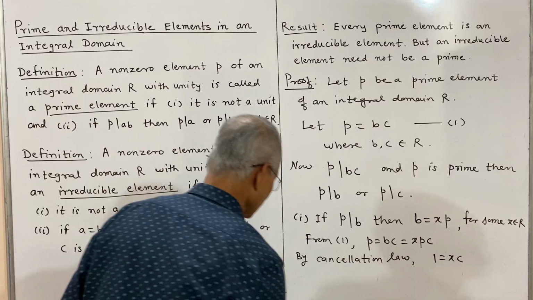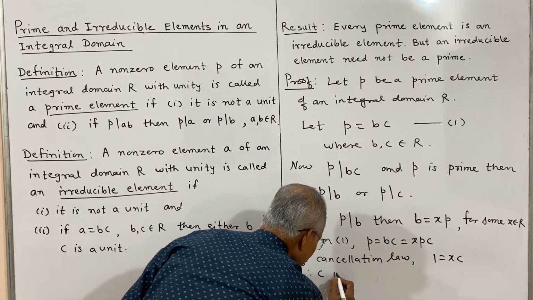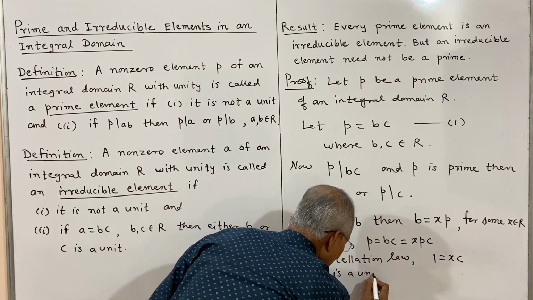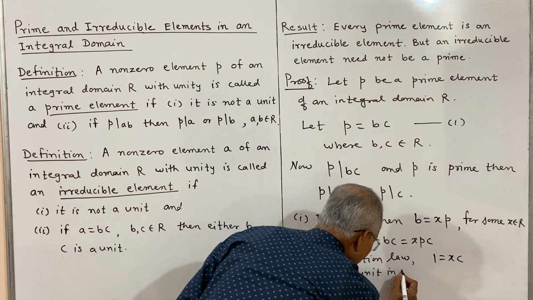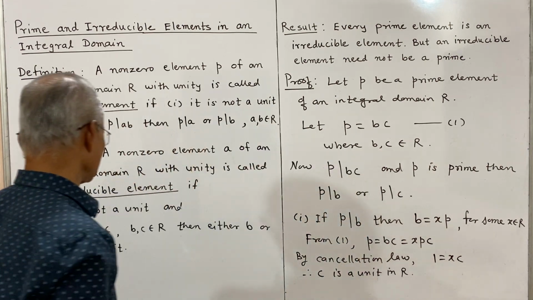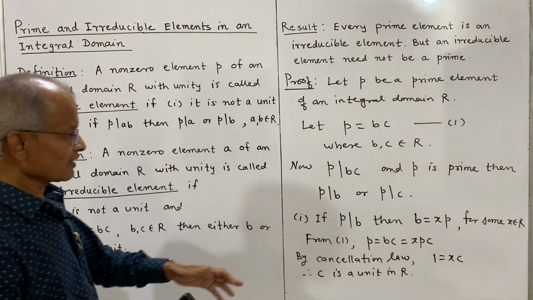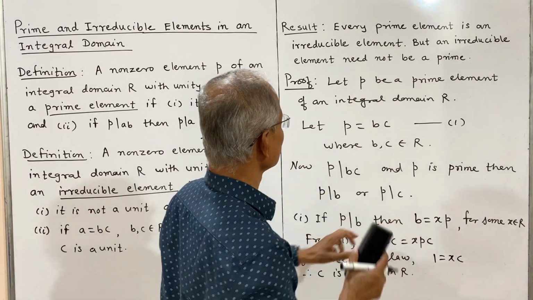Therefore, C is a unit in R. This is one case. Now, the second case is P divides C.